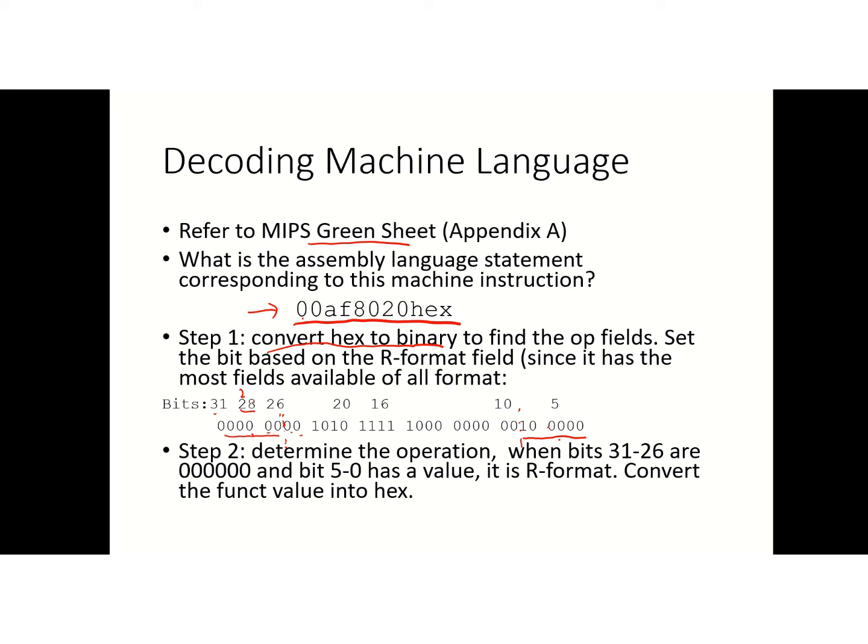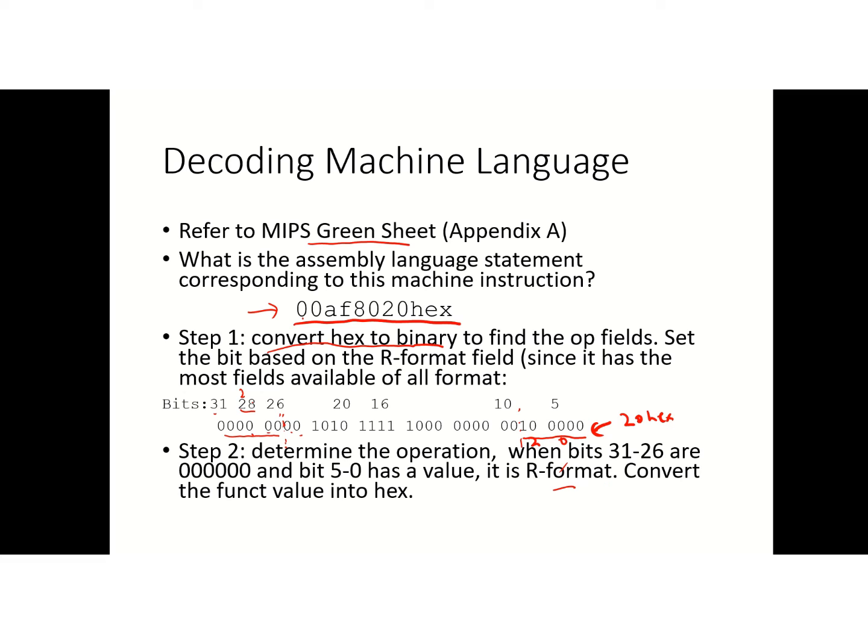This is an R format. You can convert the function value into hexadecimal: 10 is 2, 0000 is 0, so this is 20 hex for this field.